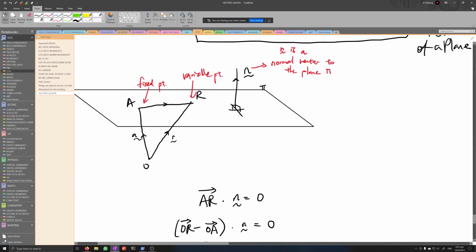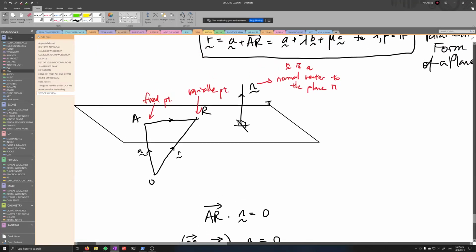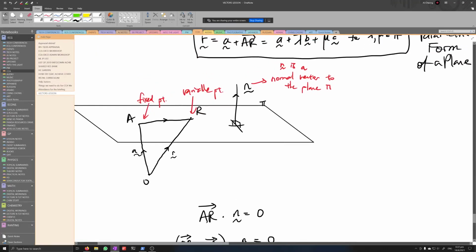Okay? And if you look at this formula, r dot n gives you d. It actually kind of makes sense, because if you were to take this vector r, you can just copy it here. You take this vector r and position it like that. Similarly to how we calculate a dot product, we drop a right angle triangle, and then we will be taking this distance, right?